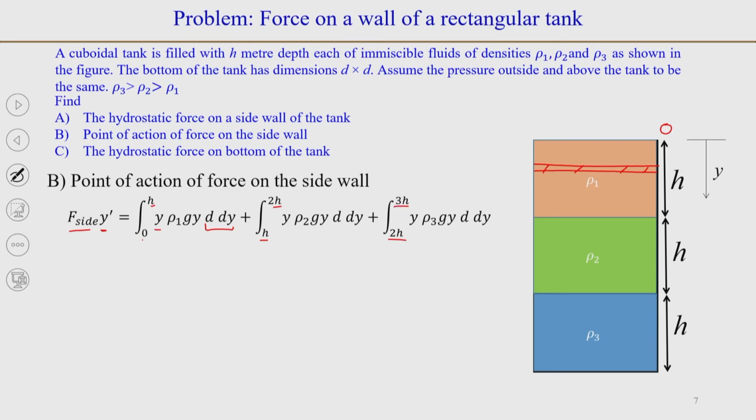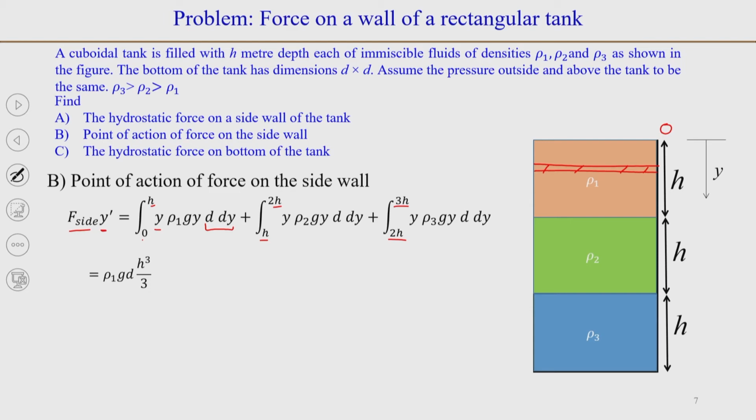So, when we do this integration, for the first part we will have rho 1 g d, which are all constant, y squared dy. When you integrate y squared dy, you will get y cubed by 3, and if we substitute the limits from 0 to h, so h cubed by 3 minus 0.